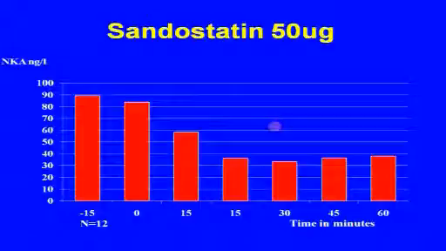And here is an example over a little bit longer time with 12 patients. These patients have midgut carcinoid tumours, and their neurokinin A, the tachykinin that we like to measure in Belfast, shows a really nice suppression just with that one dose.